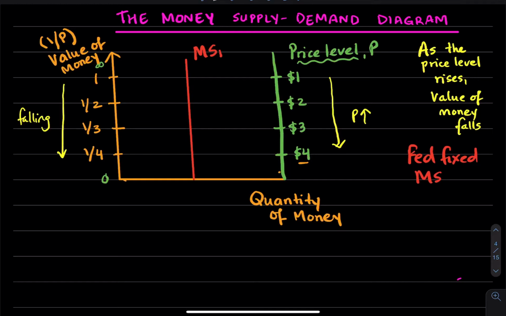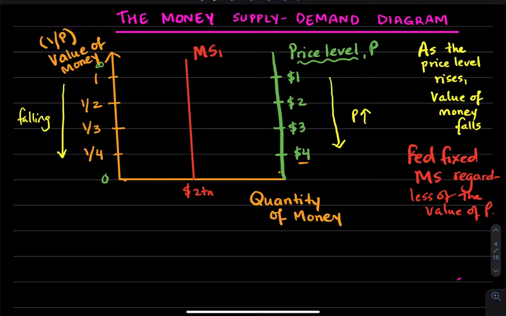The Fed sets or fixes money supply regardless of the value of P or price level. Okay, so let's say this was $2 trillion. Maybe they fixed it at $2 trillion.